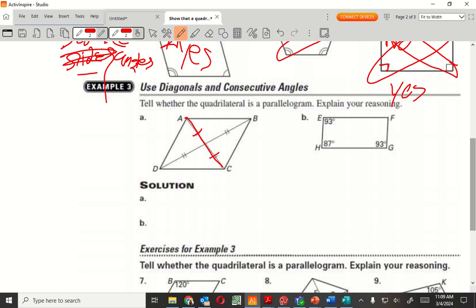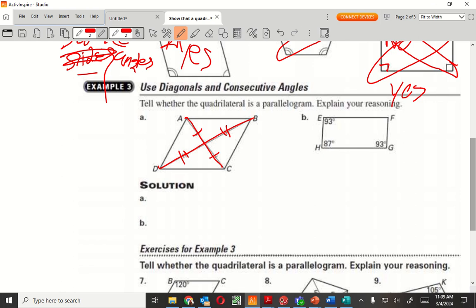Since they're congruent on both sides, those pieces are going to be equal, right? Those are bisected. Now if I look at these two right here, that one is congruent to that one, so those ones are being bisected. So if both diagonals are bisected, that means they are congruent.